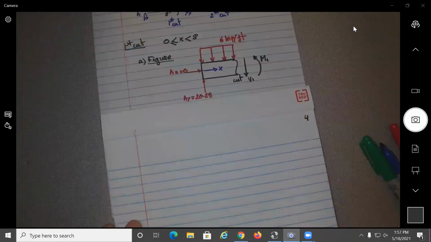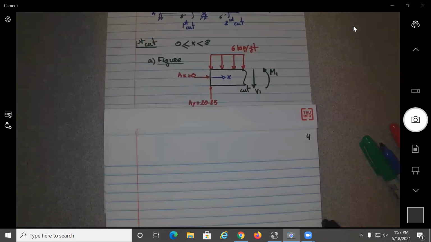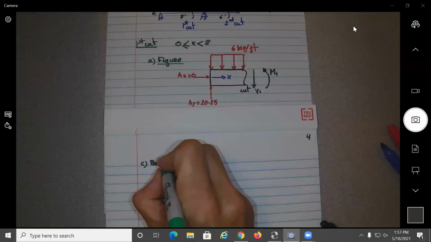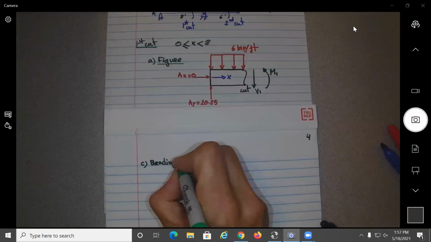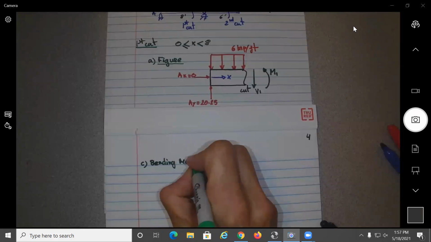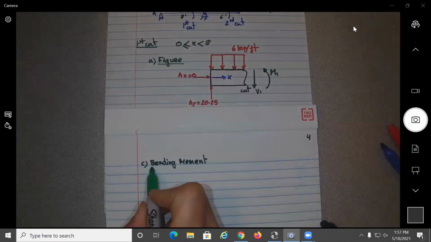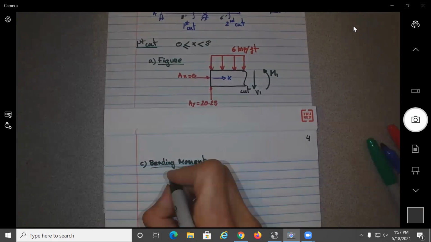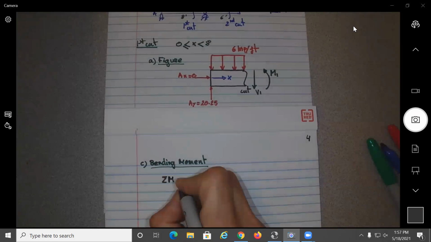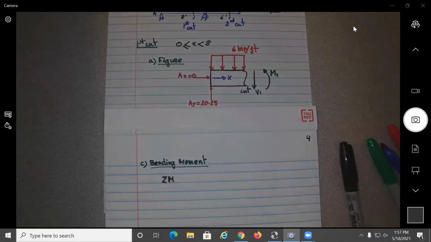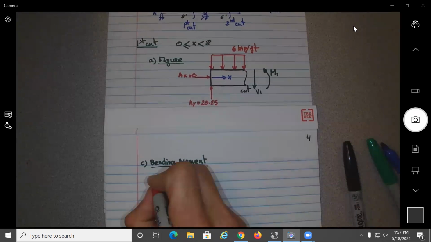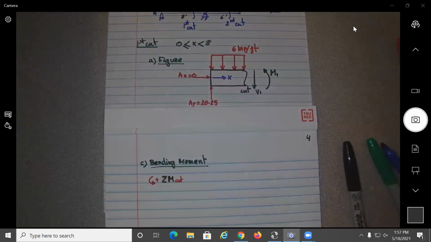So we find the shear, and now we're going to find the bending moment equation. All right, so we do summation of moments about the cut. And you need to define the direction.